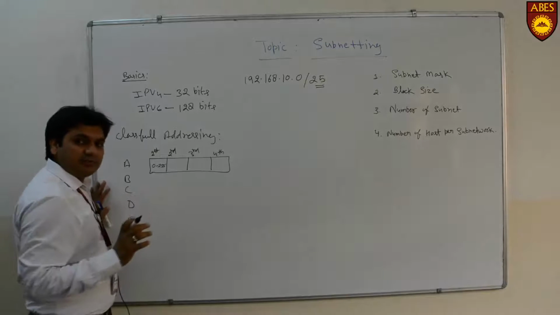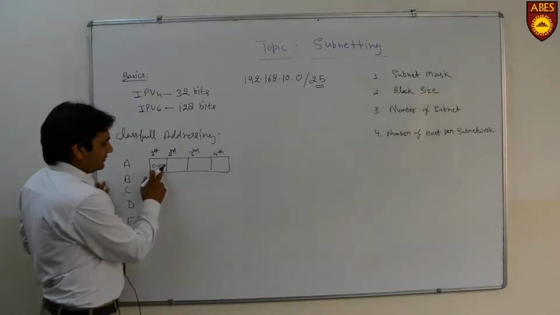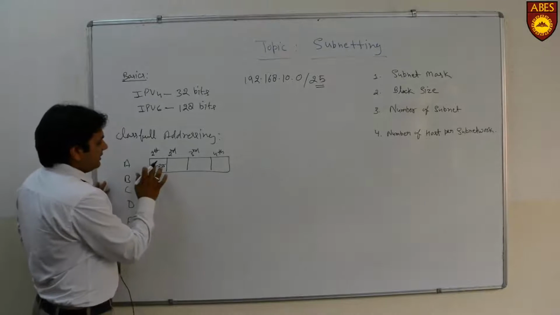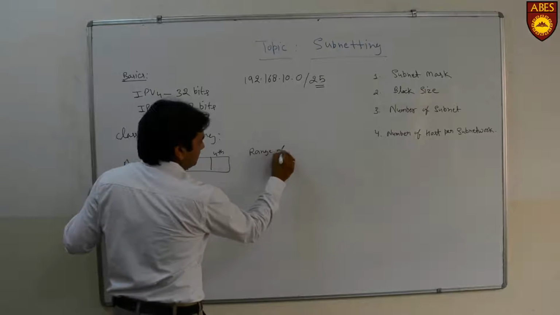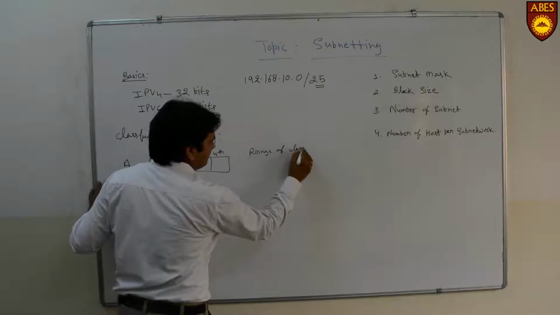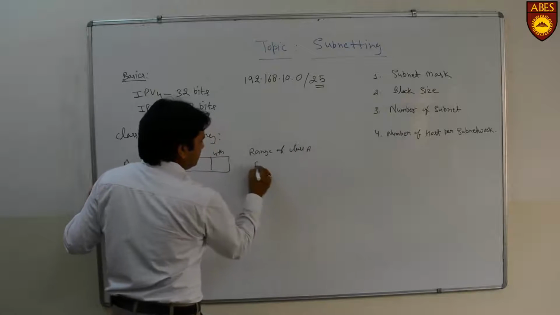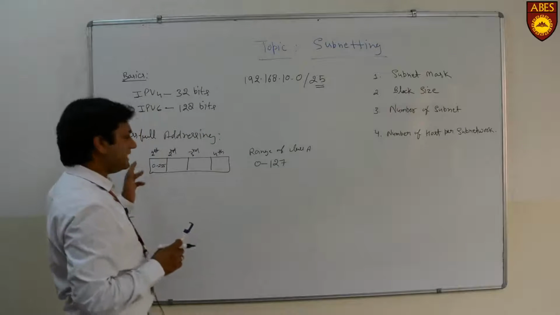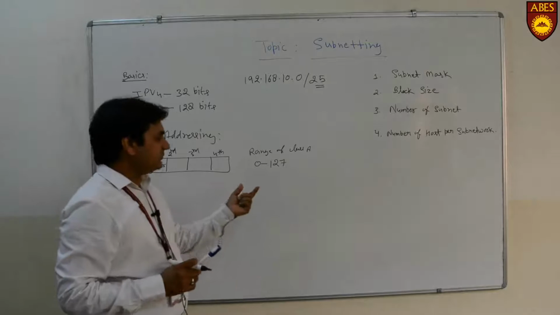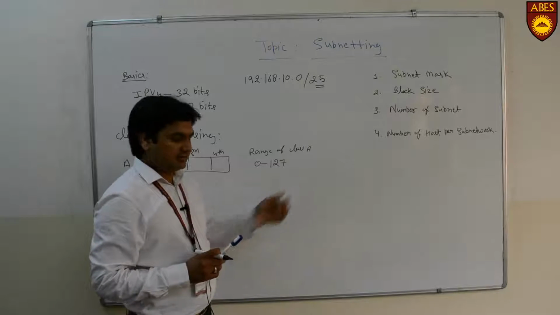The range of class A is 0 to 127. 1 bit is fixed for representing class A, and with the 7 remaining bits we can calculate from 0 to 127.